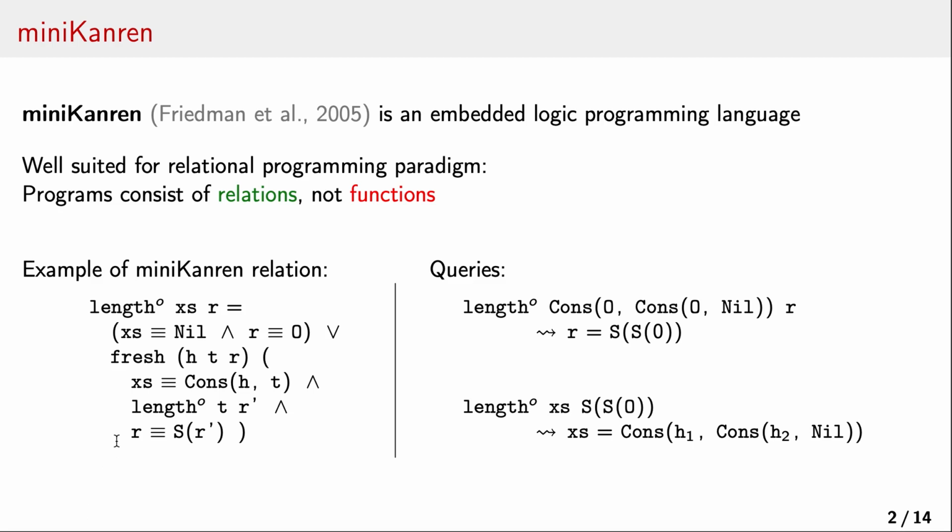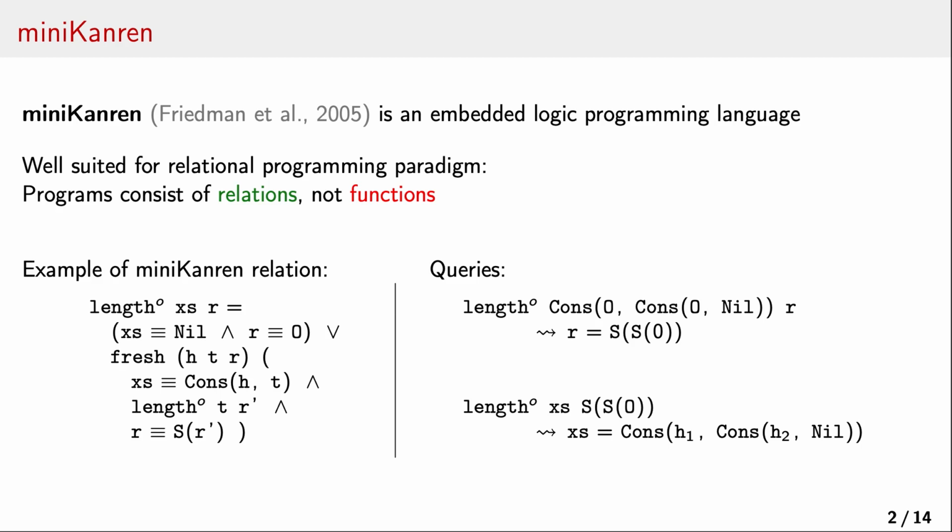There are explicit unifications and relational calls, including recursive ones, and they can be combined with conjunctions, disjunctions, and introductions of fresh variables. You can see that it's a simple declarative definition that considers two cases of empty and non-empty lists and performs a recursive call on the tail in the second case.